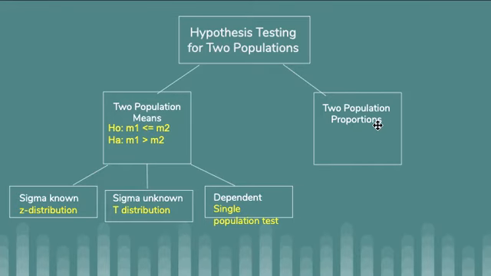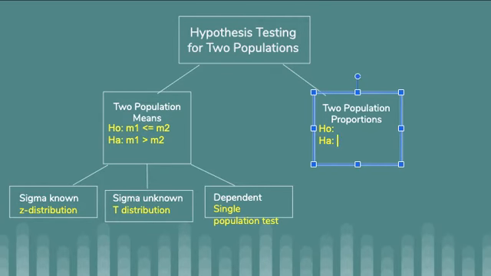And then the last thing that we talked about is instead of means, if we wanted to compare proportions of something, so if we wanted to compare the proportion of Democrats in Bryan compared to the proportion of Democrats in Defiance or something like that, we would write our null and alternative hypothesis with proportions instead.